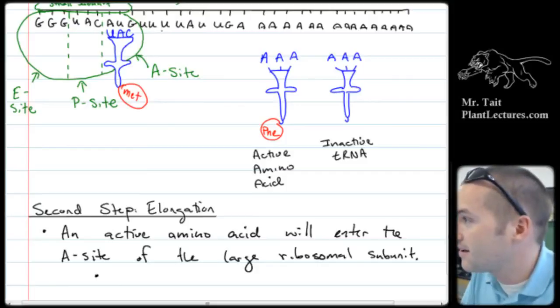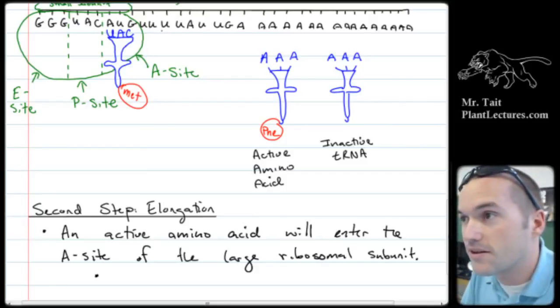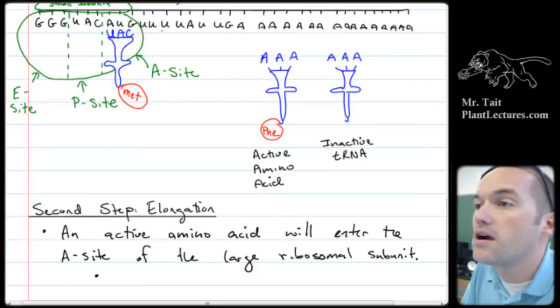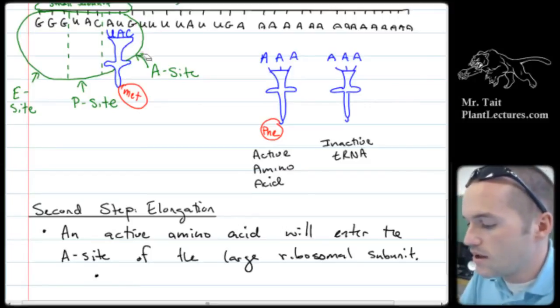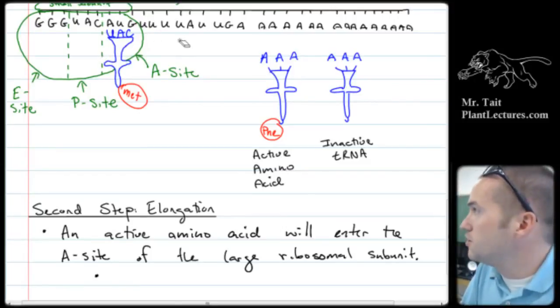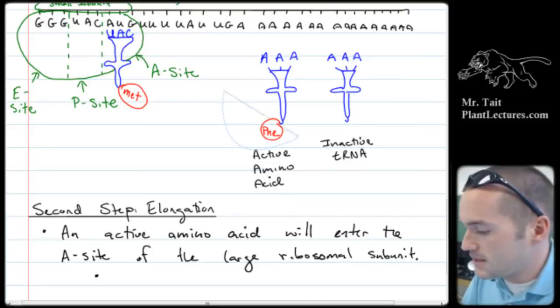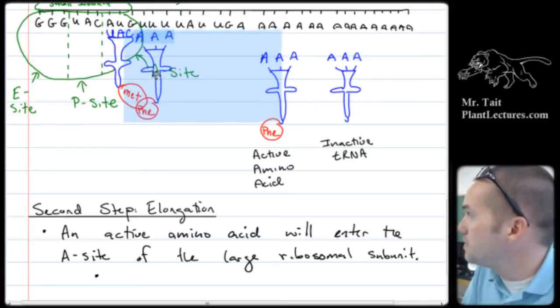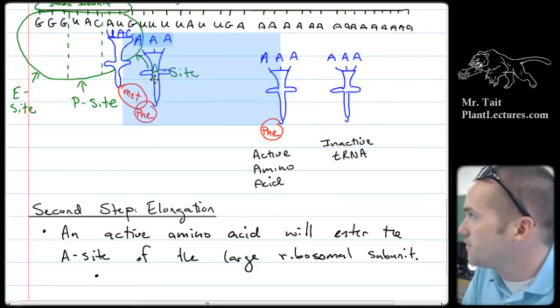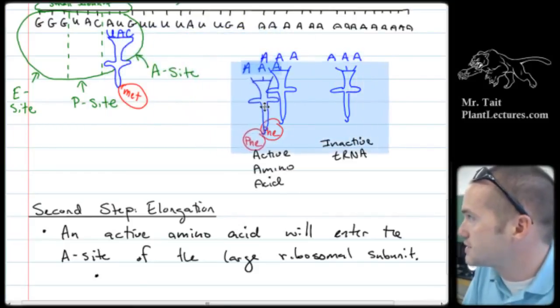Whatever is attached to the tRNA, like the anticodon. Yeah, exactly. So when this ribosome moves over one spot, it's going to be on the UUU, right? And because it's on the UUU, that means that this particular active amino acid can meet up with that UUU, which is AAA, and that one will join into the A site.